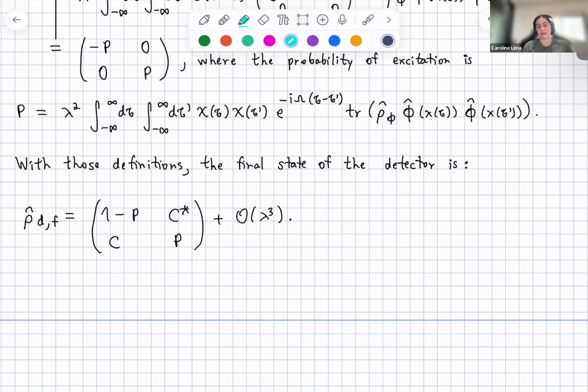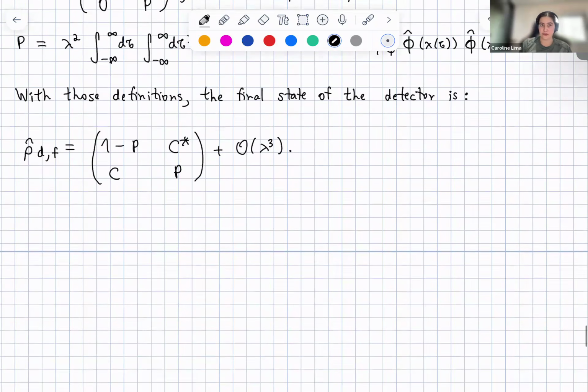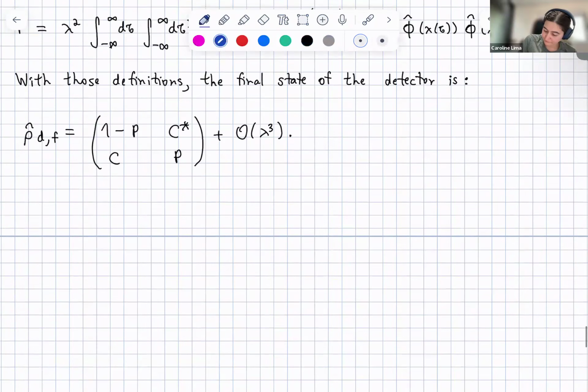It's a density matrix. So everything looks nice. Do you guys have any questions here? Okay. If not, let's have a look into the Minkowski vacuum.